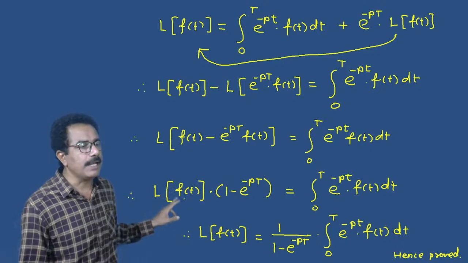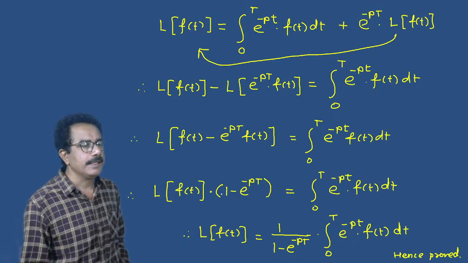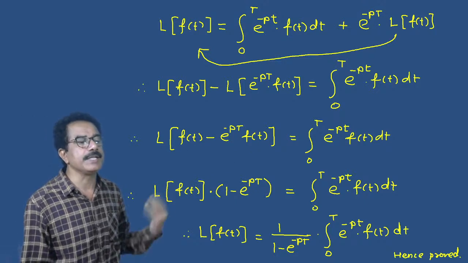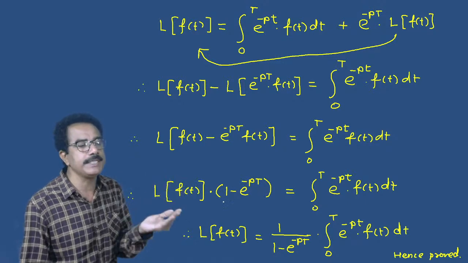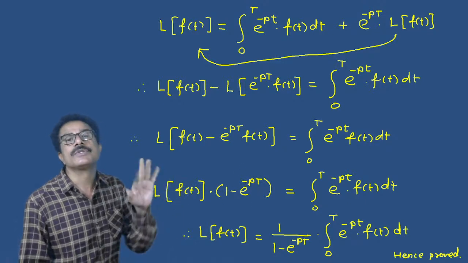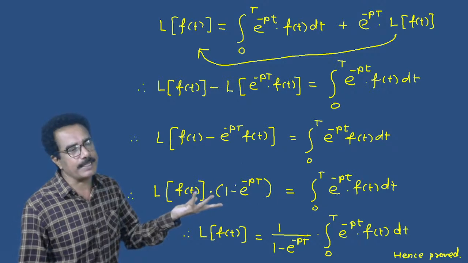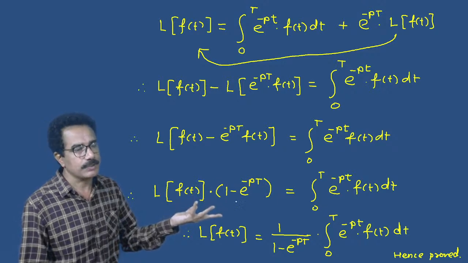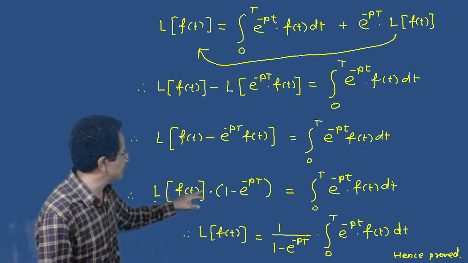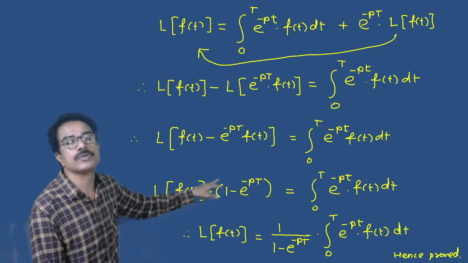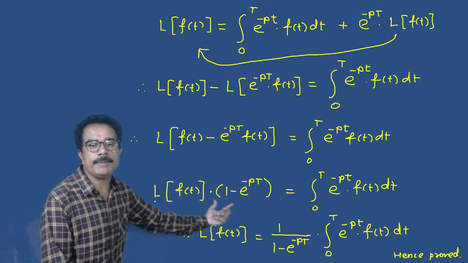So L of f of t into 1 minus e raised to minus pT, but 1 minus e raised to minus pT are constant terms, so we can take them out of the Laplace transformation. So we get L of f of t into 1 minus e raised to minus pT, which is a multiplication with the Laplace transformation.